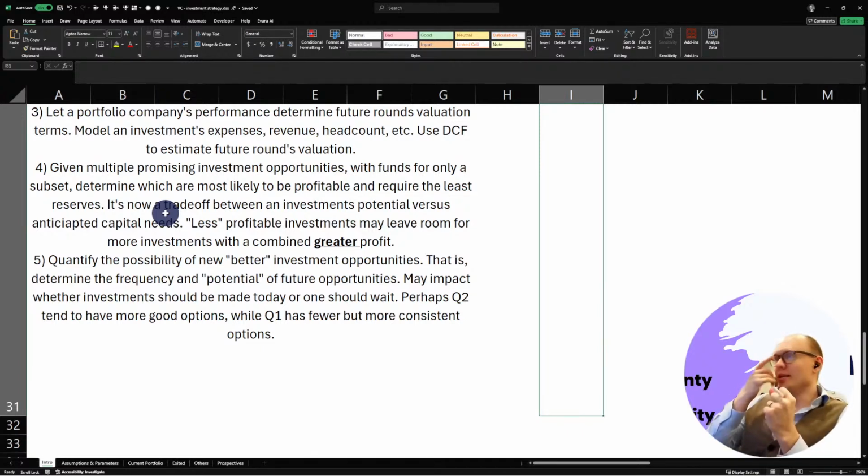And this is where we really have, again, another trade-off like the one we showed just before.